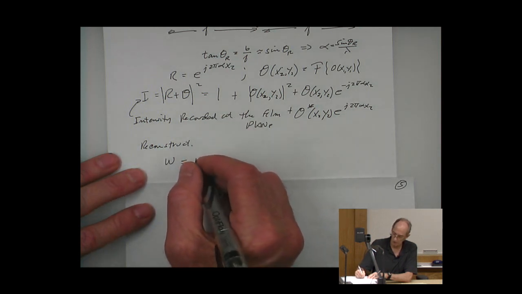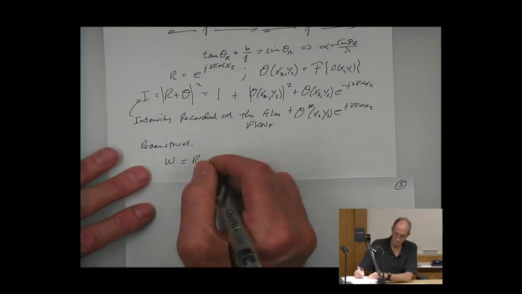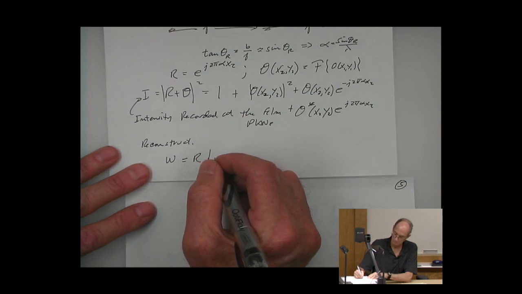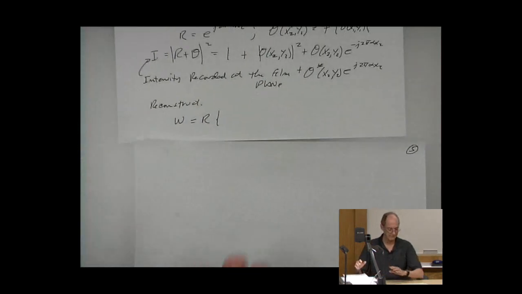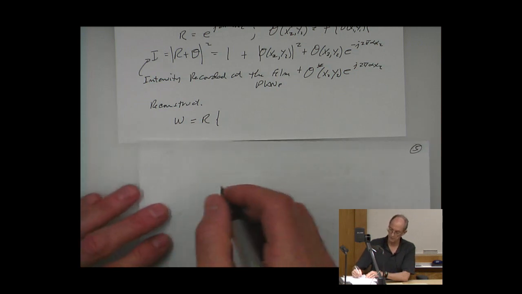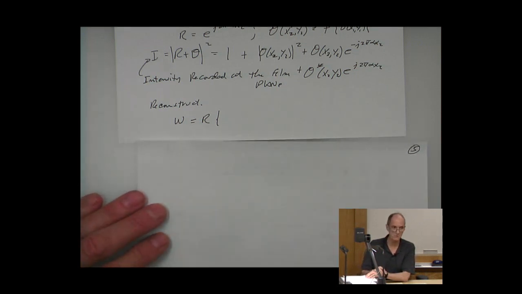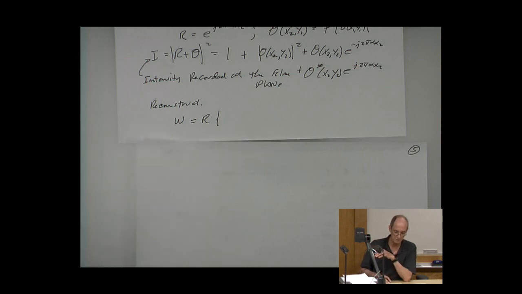So we're going to have R, and then we have, oh, I forgot to, sorry. So we're going to reconstruct this, and we'll do it in such a way that, again, we're going to use our lens to create this inverse Fourier transform in the system.